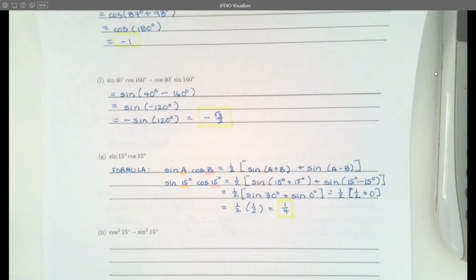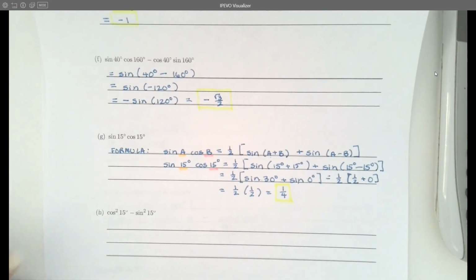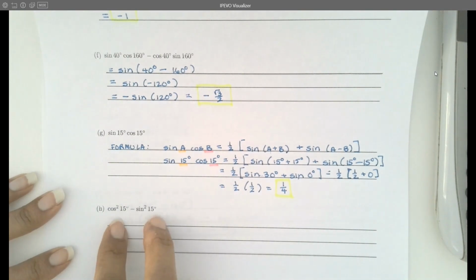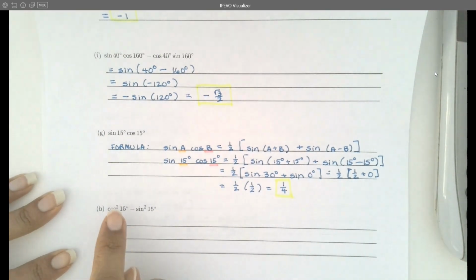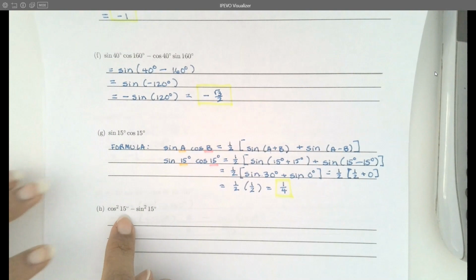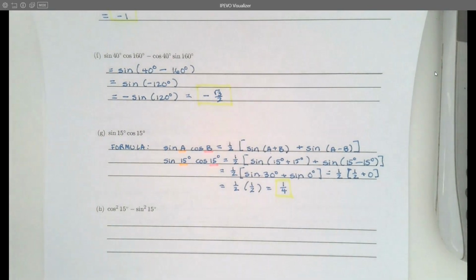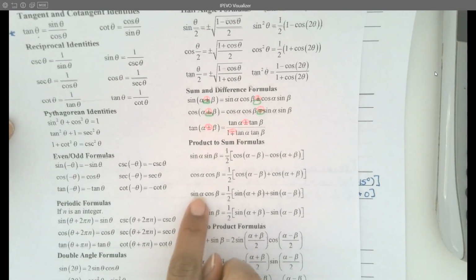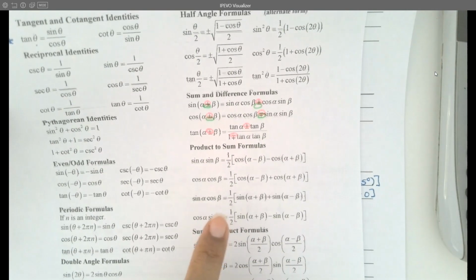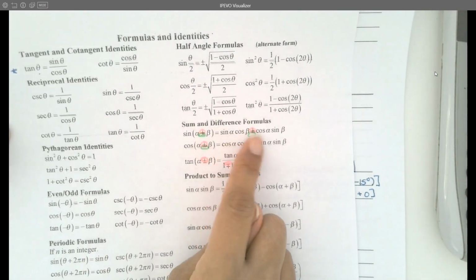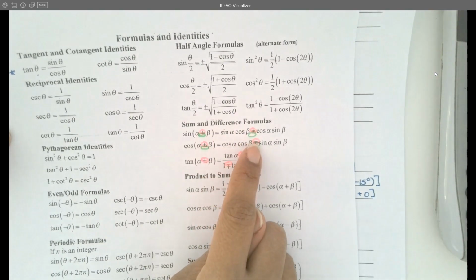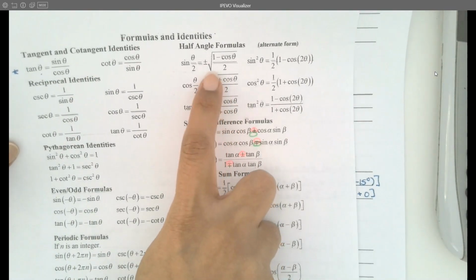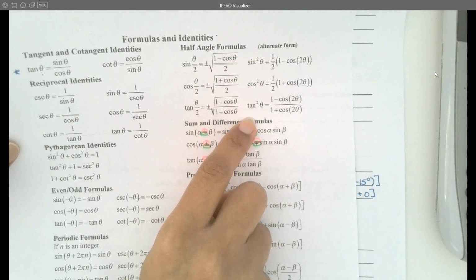Okay, next problem. This one is even more interesting because now we do have a difference of two terms, but there's a square involved. So product to sum is not going to be enough because product to sum is just the product of two factors. And sum and difference is not going to be enough because we don't have a square anywhere. So the formulas that have a square are the half angle formulas.